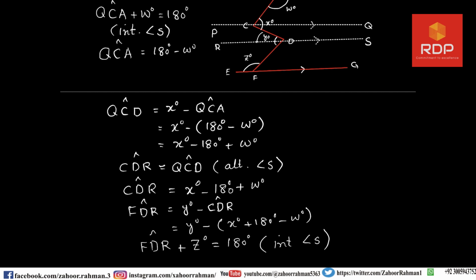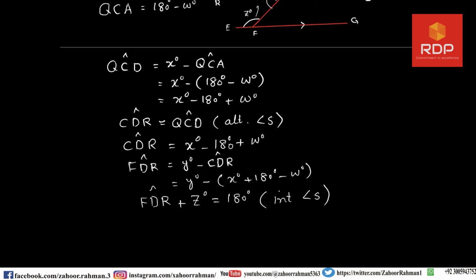How? You can see that FDR, which is this one, plus z degree, which is this one, and because RS and EF are parallel lines, that is why we are saying it like this. So FDR plus z is equal to 180 degree.